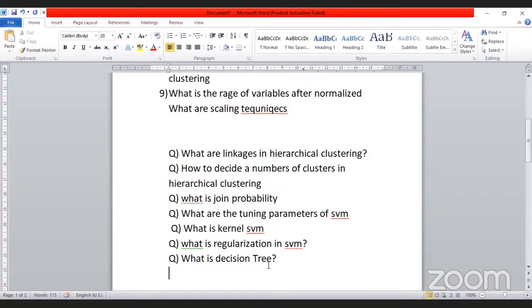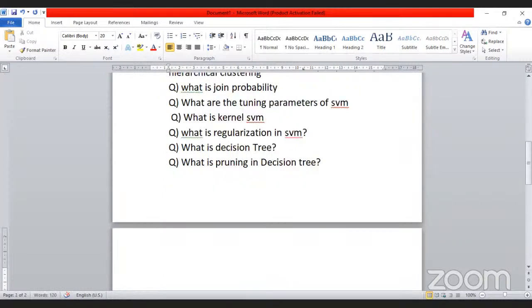Now the question is, what is pruning in a decision tree?